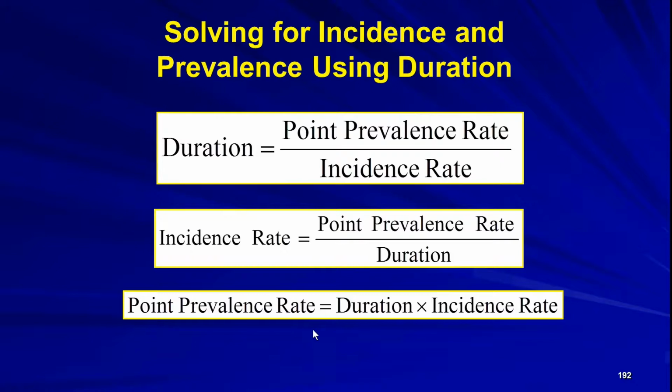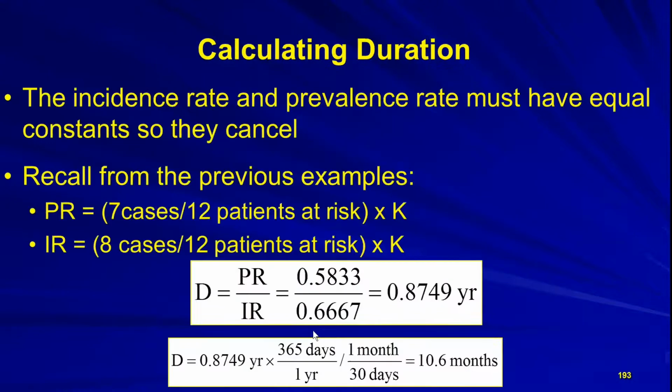You've learned this kind of manipulation through your earlier mathematics classes. Okay, now I want to use it in our example, our heuristic, unrealistic, if you will, example. But nevertheless, we want to get the points across to you clearly. It says the incidence rate and prevalence rates must have equal constants so they cancel. I've said that about 3 times, so I'm hoping that's going to stay with you.